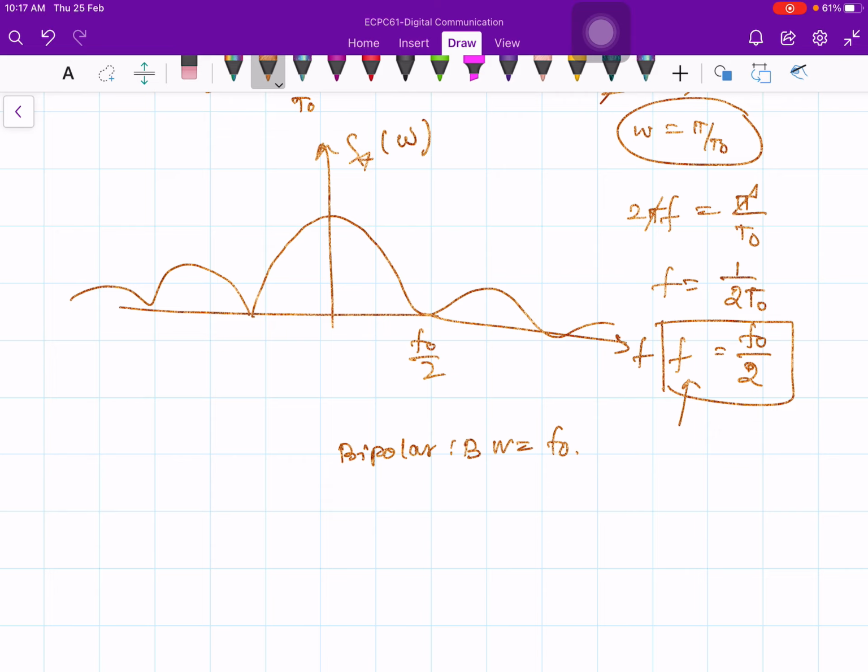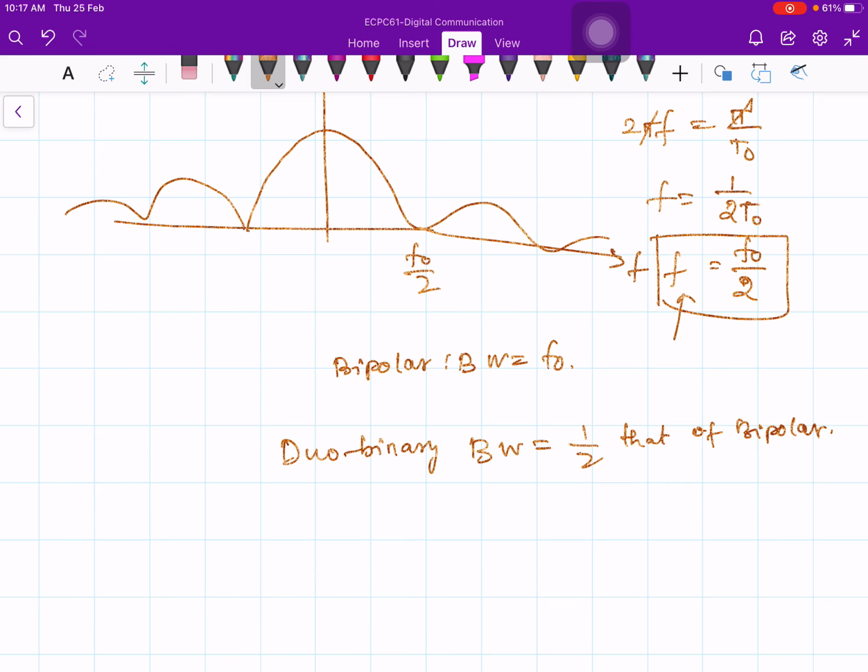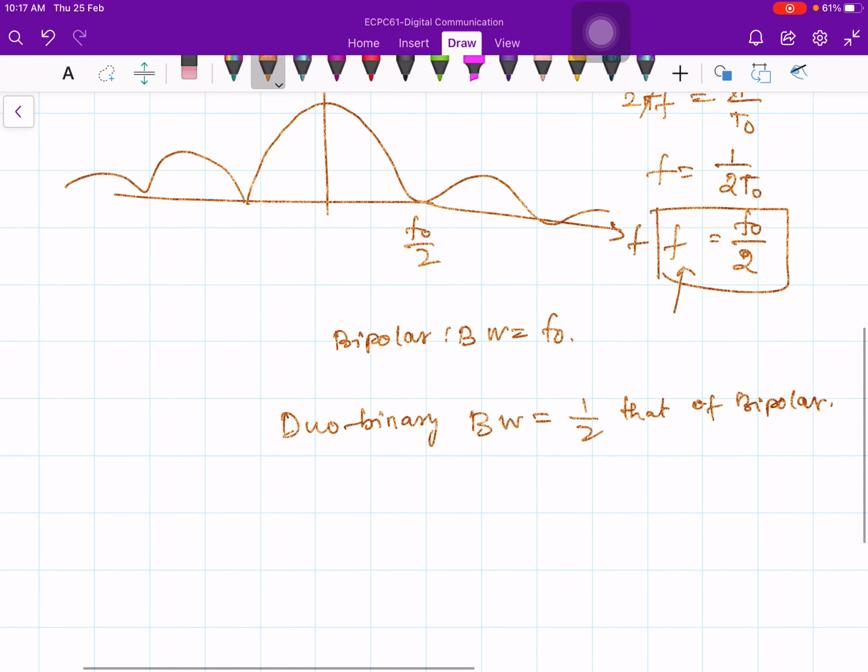Now for the duobinary signaling scheme, the bandwidth is equal to half that of bipolar, and the main lobe is the only important thing, right?